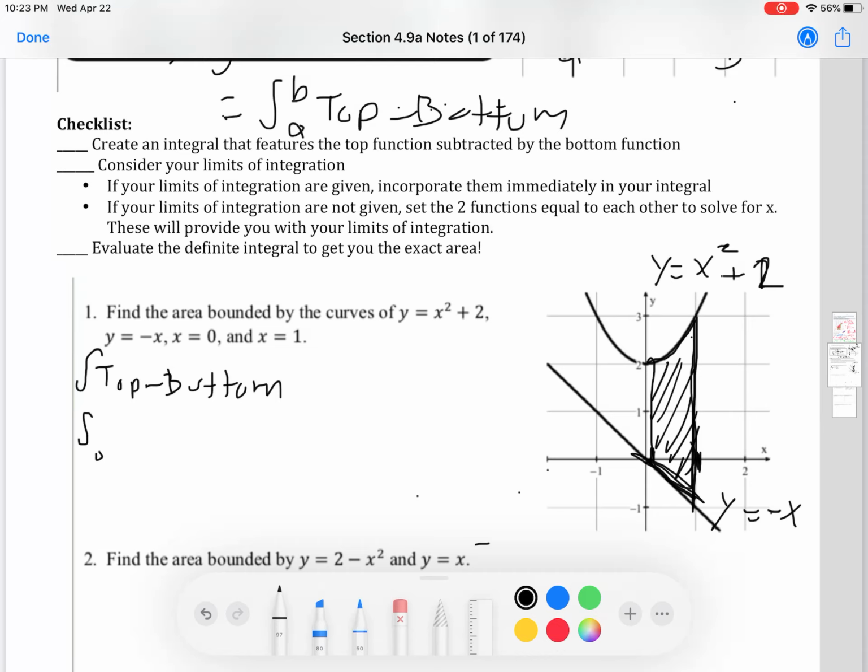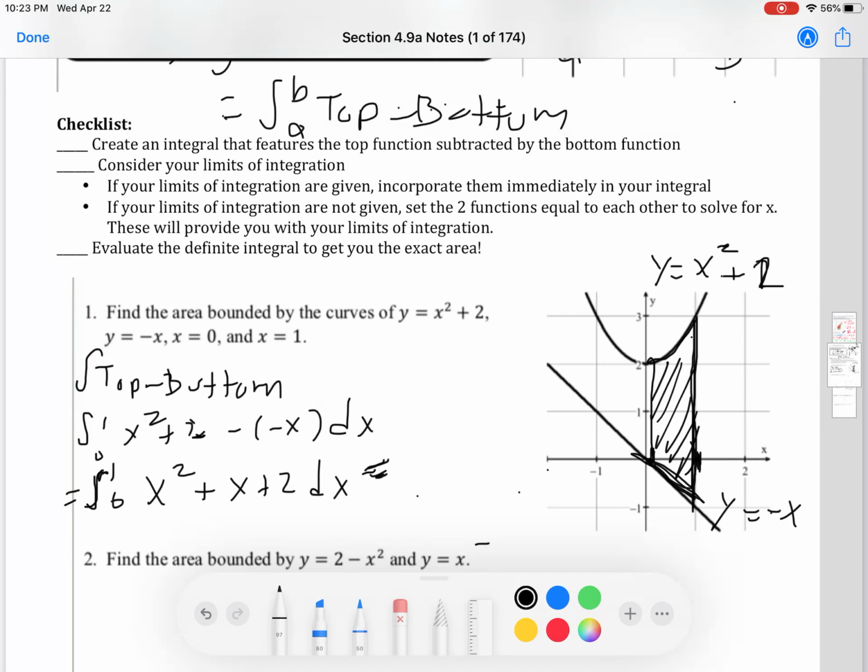And we're taking the integral from 0 to 1 of x squared plus 2 minus a negative x. And when we combine like terms, this gets transformed into a power rule integral.